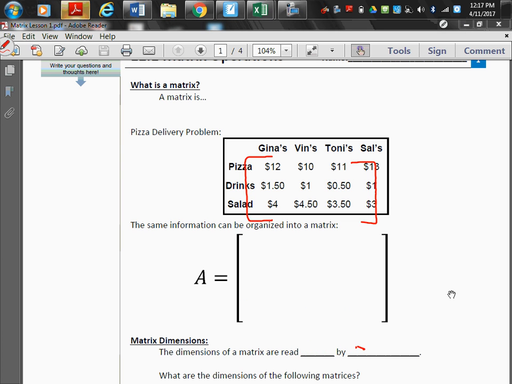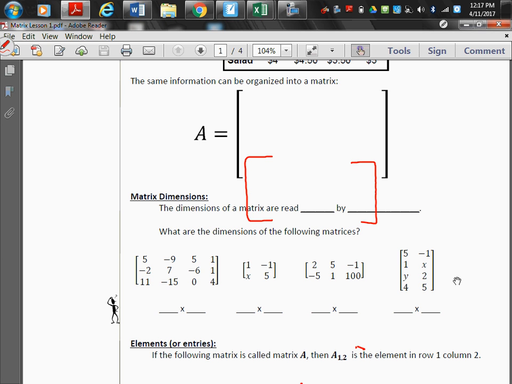The dimensions of a matrix are read row by column. Row by column. Row by column. So, what are the dimensions of the following matrix?